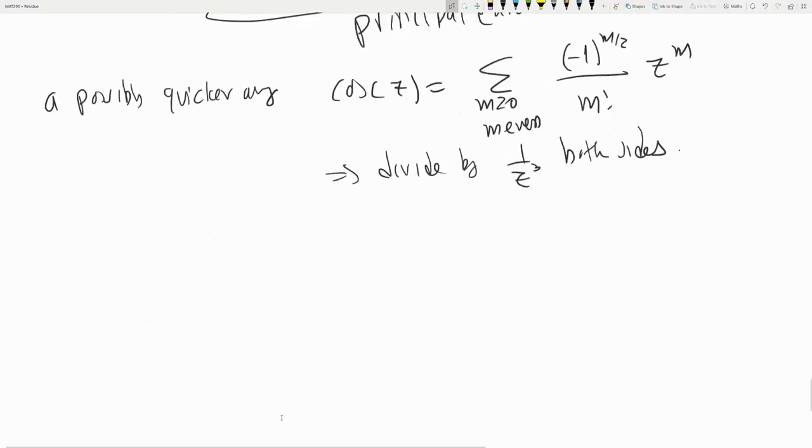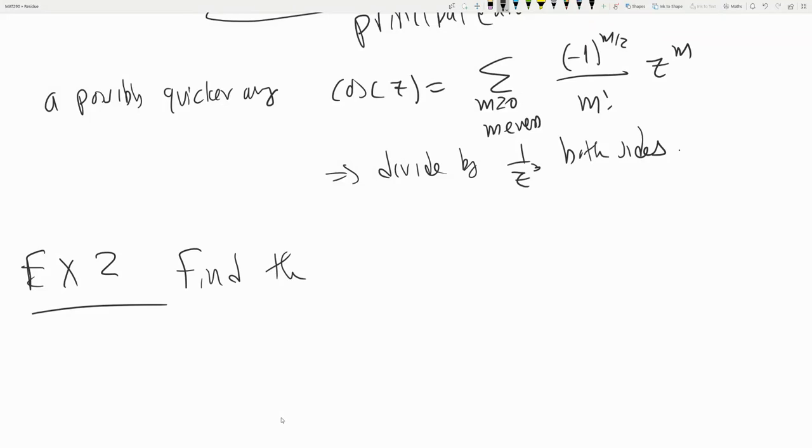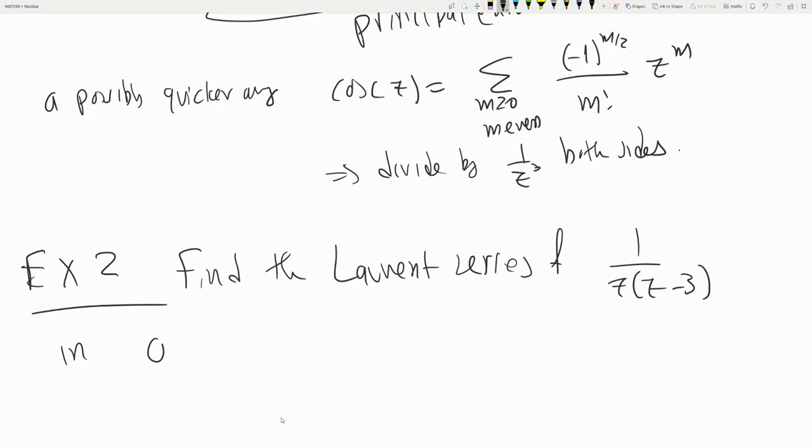All right, anyhow, let's do another example. Okay, find the Laurent series of 1 over z minus 3 in the disk of radius 3.